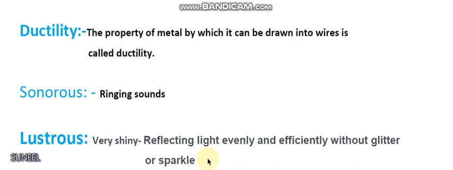You find they have very shiny appearance and this property is known as lustrous. When metals are exposed to air, gradually they lose their shiny appearance and become dull. That is another concept which you will study later on. But initially all the metals are lustrous or they have shiny appearance.